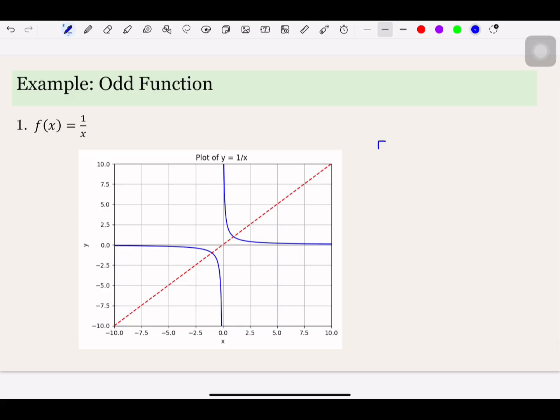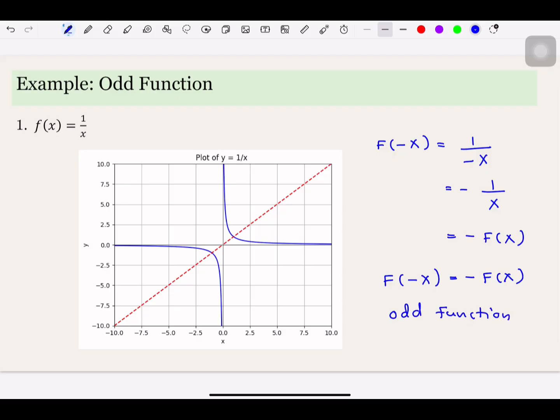Let's start with f of negative x, where we replace x by negative x. We can rewrite this as negative multiplied by 1 over x, so this is negative f of x. So for this example, f of negative x is equal to negative f of x, which means this is an odd function.